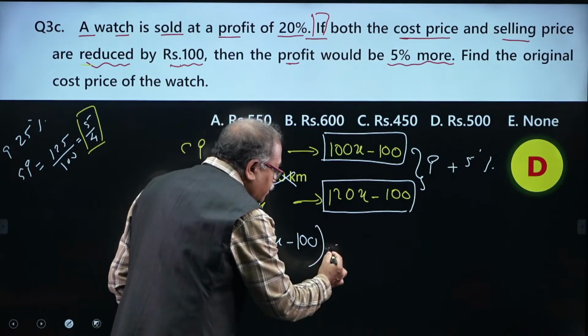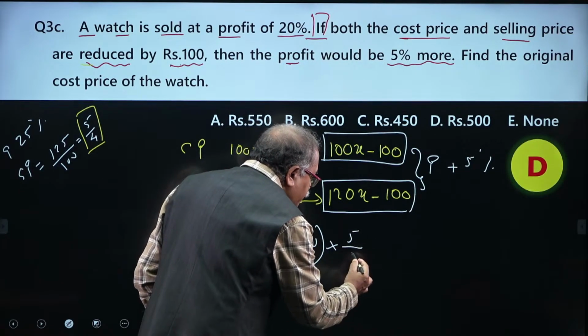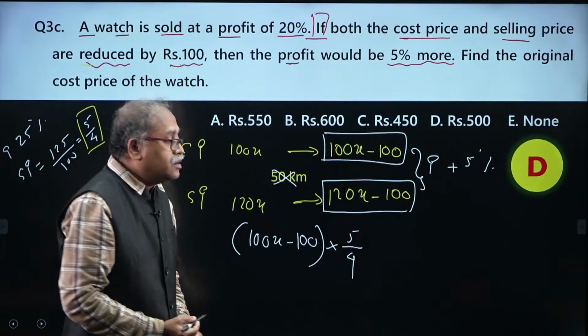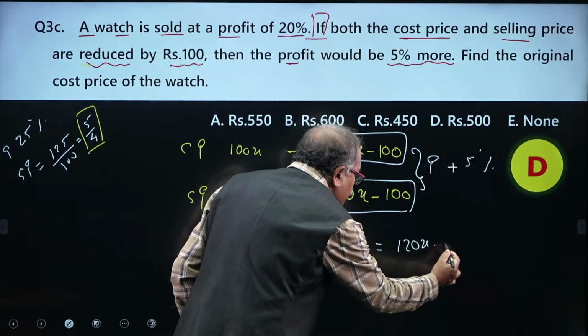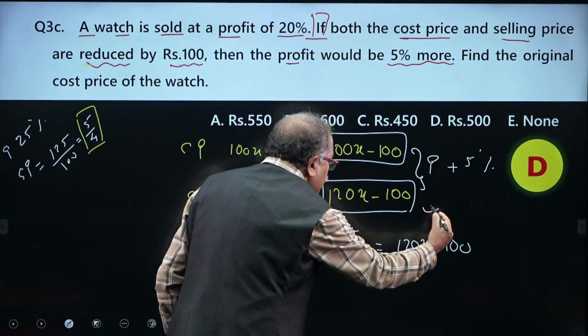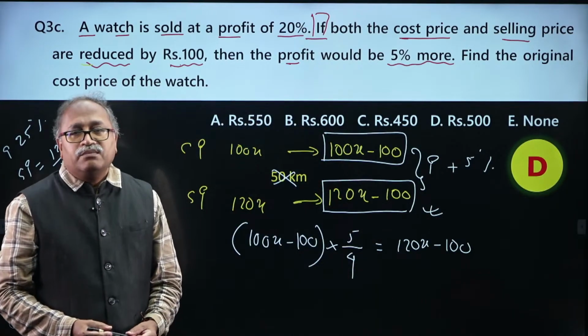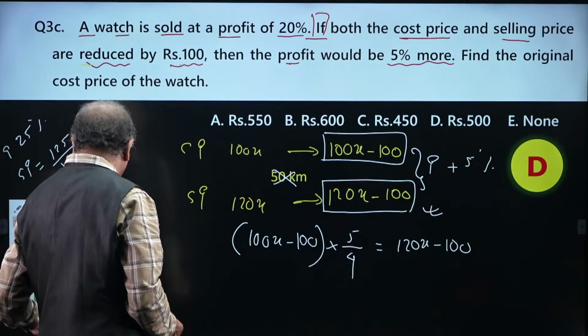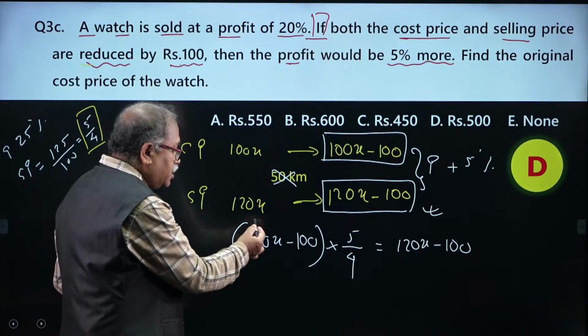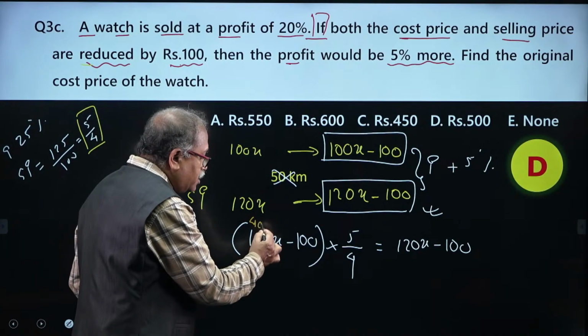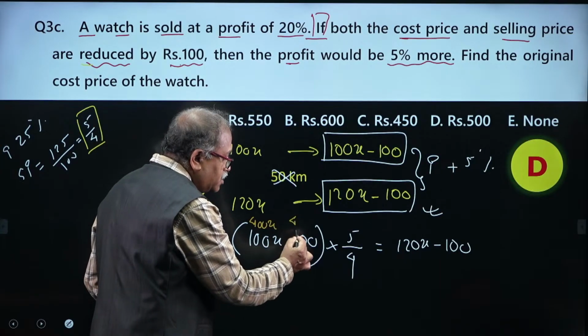So, if I take 5/4 of this, then I will be getting this one as 120x minus 100. By solving this, we will get that, and in the examination do not try to solve step by step. Here I can clearly see that 400x over here, and here it is 400.